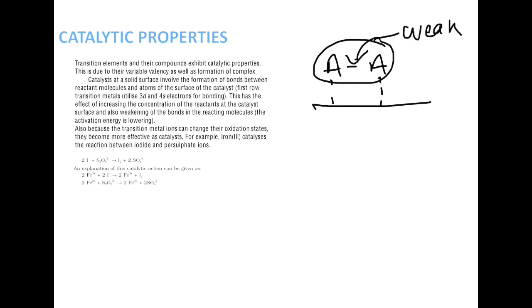The bonds among the reactant molecules become weak, so they can easily break, and this possesses low energy of activation. As this possesses low energy of activation, the reaction rate increases.